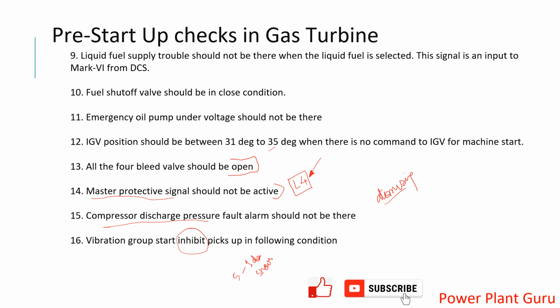People inhibit that, or force it to healthy. Inhibit means it will not go into the control system or any activity for taking decisions. That sort of inhibition should not be there in any of the vibration groups.